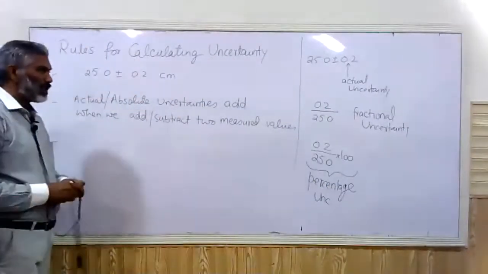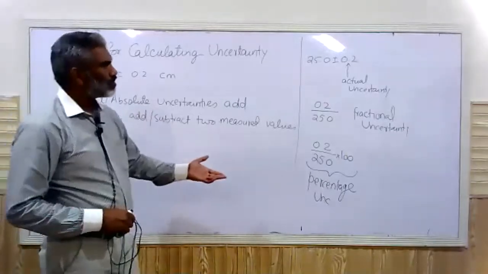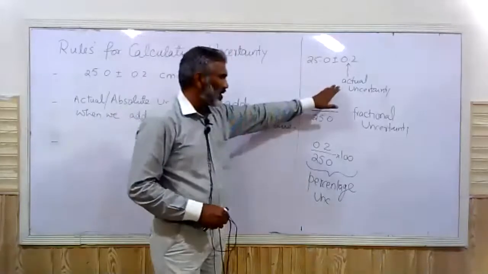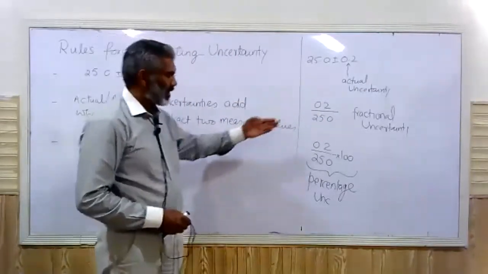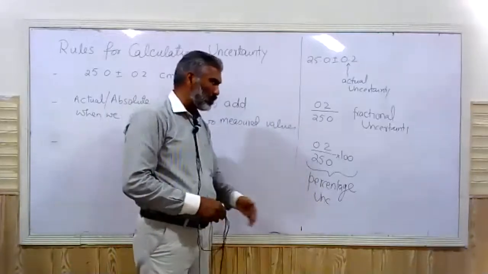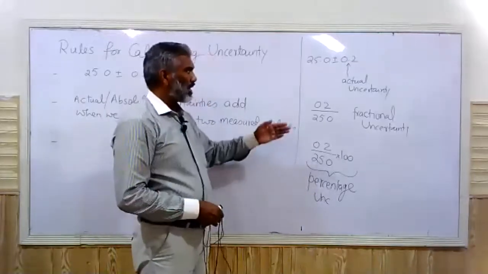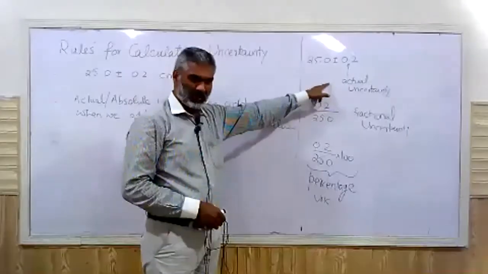So we have three types of uncertainties simply. When I say uncertainty, I mean this, actual uncertainty. And whenever I have to mention fractional or percentage, I use the full name of them. By simply referring to it as uncertainty, I always mean absolute or actual uncertainty.